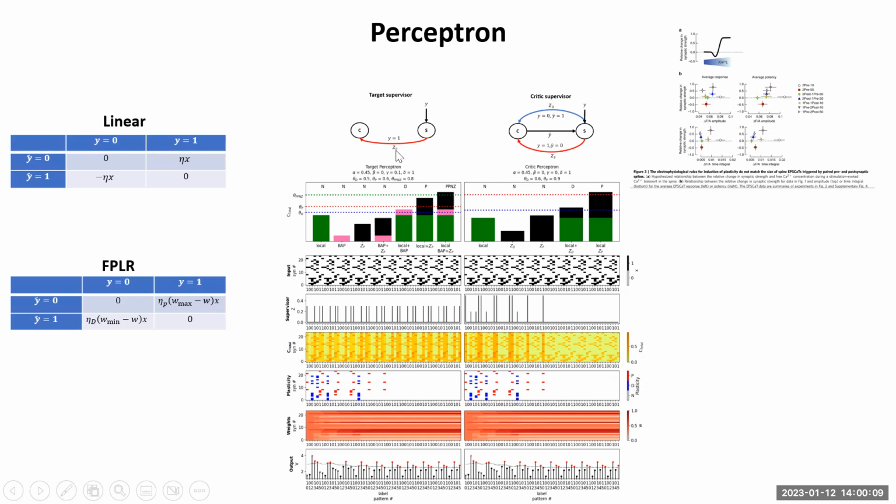In the first circuit, there's only this potentiative supervisory signal, so you notice it's the same height each time, and it happens whenever there's a 1. Here with this critic supervisor, there are two different supervisory signals of different strengths, so that's why you see the different sizes. And they stop eventually, because eventually the neuron learns. When the neuron learns to correctly respond to the patterns, it stops making mistakes, and so the critic isn't criticizing anymore.